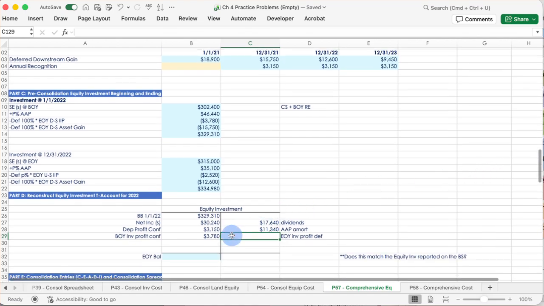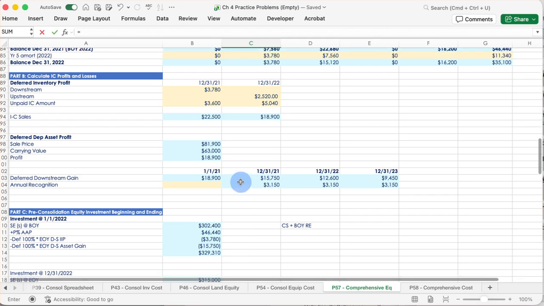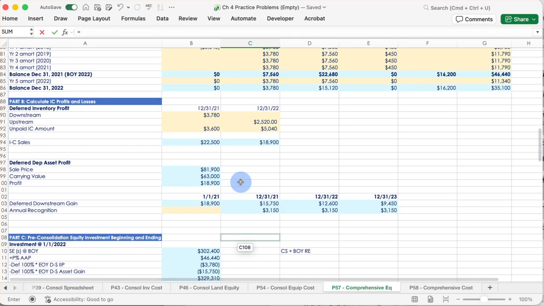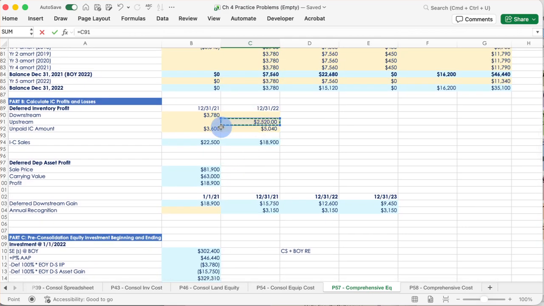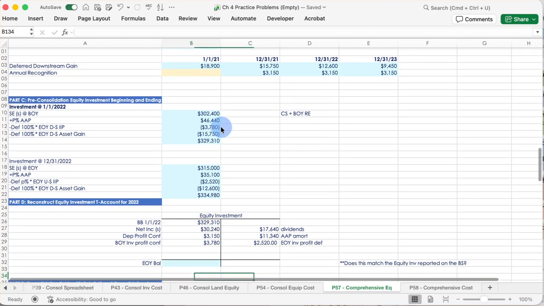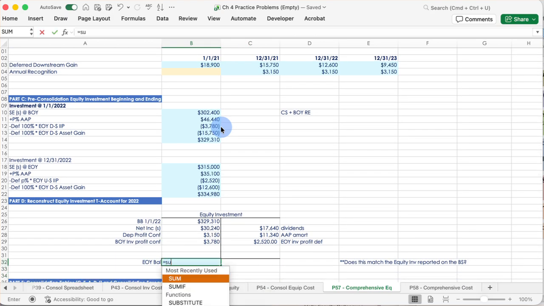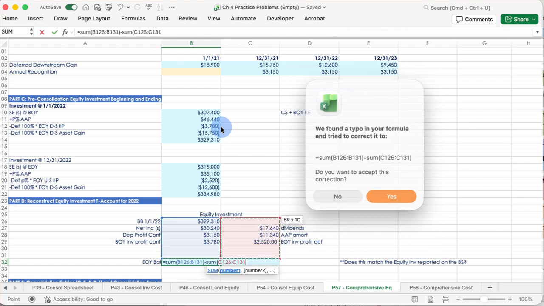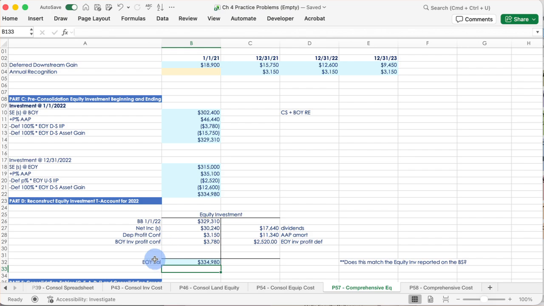And then we also have the end of year inventory profit deferred, which we already found up here, 2,520. And then if we do a sum of our debit column minus a sum of our credit column, we get 334,980, which aligns with what we identified right here.